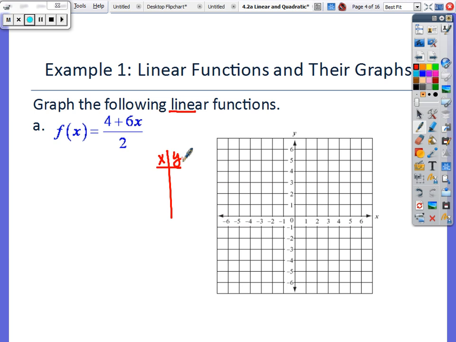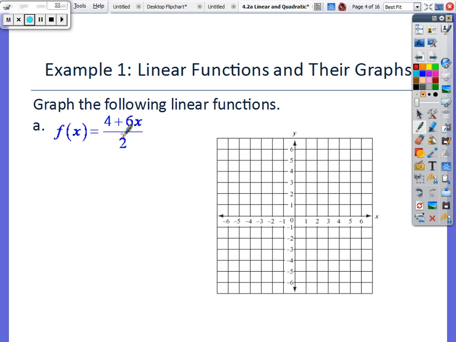You simply plug in whatever you want for x. A lot of times we do a negative, a positive, and 0, and see what we get. Sometimes you'll get fractions if you do this, but it's a nice, safe thing to do. So if you're unsure you're doing it right with slope-intercept form, definitely utilize a t-chart to assist you in graphing.